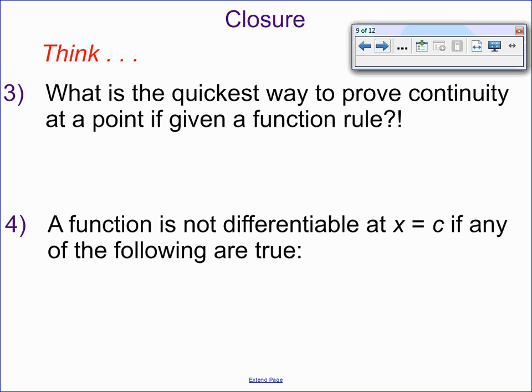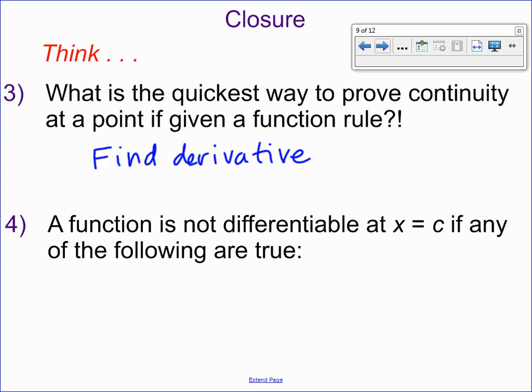So the quickest way then to prove continuity, if you're given a function rule, right? A function equation. Nikki? Yeah, we could find the derivative value at a point. If the derivative value exists at the point, then the function must be continuous at the point.